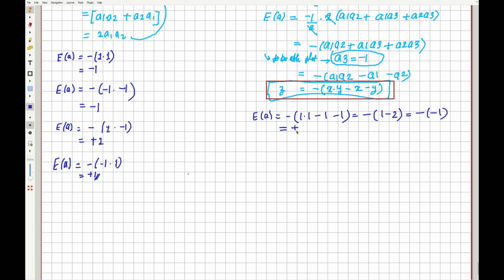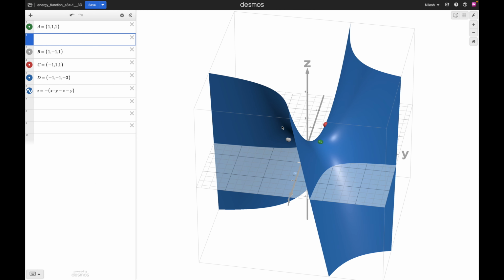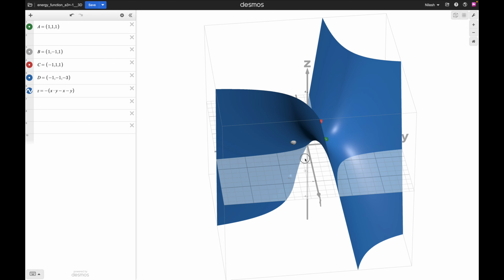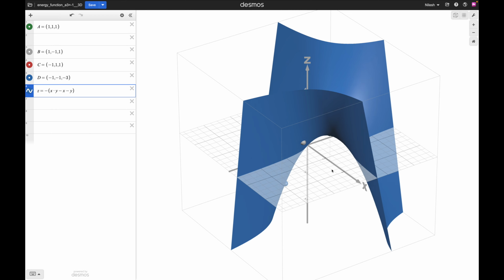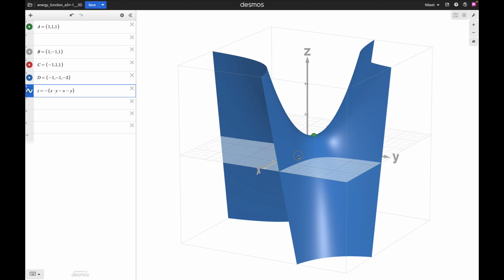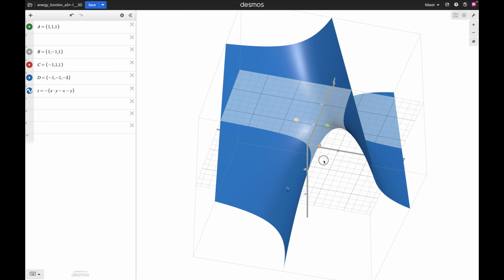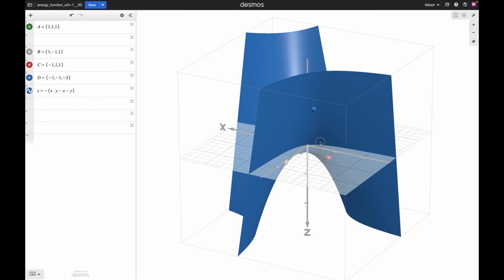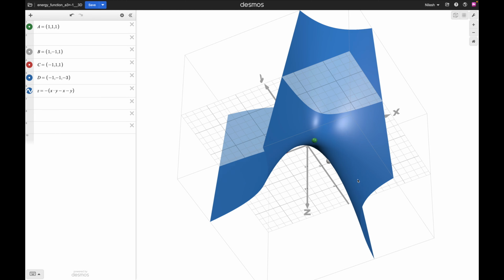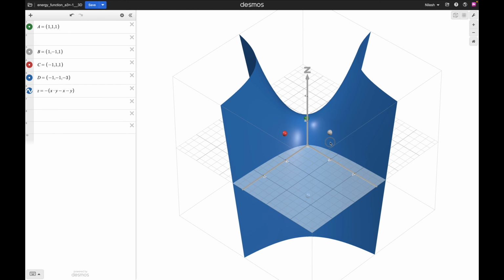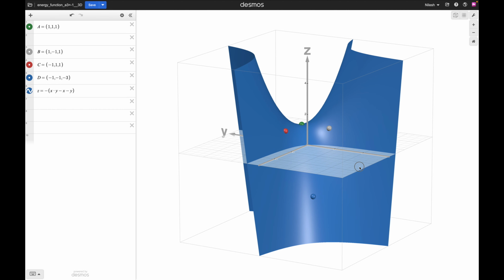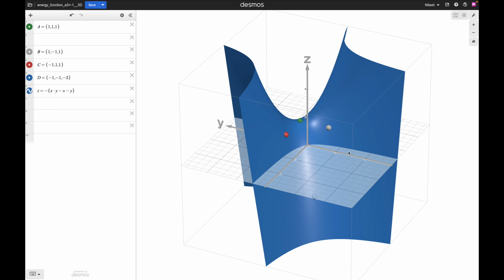So in the output we get +1. So that's high energy. And if we try to look at this point A, which is in green, it should be somewhere along the higher side and not in the valley. But it does look like it is in the valley. It's on the saddle point, not in the valley. So maybe there's still scope to improve that further and bring the energy further down.